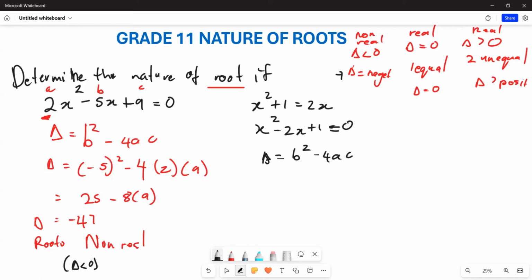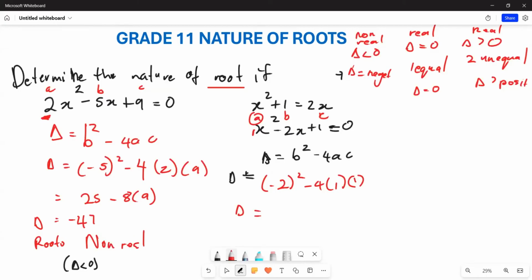From here, your discriminant is going to be given by what?